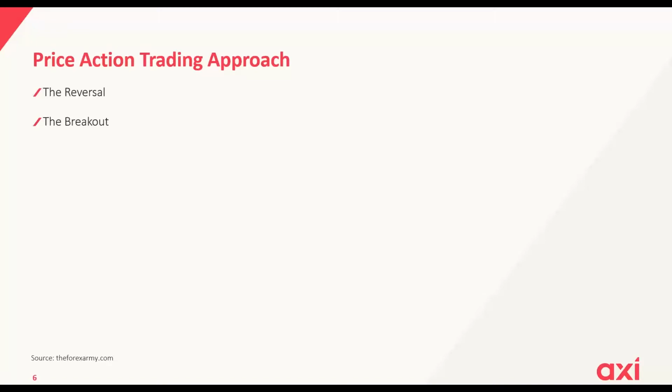Your question is, if there's a fat body with little wicks, does it mean that there is more volume than a candlestick that is like this? They might both be the same height. What does everyone think? Does this candlestick have more volume than this candlestick? Yes or no?